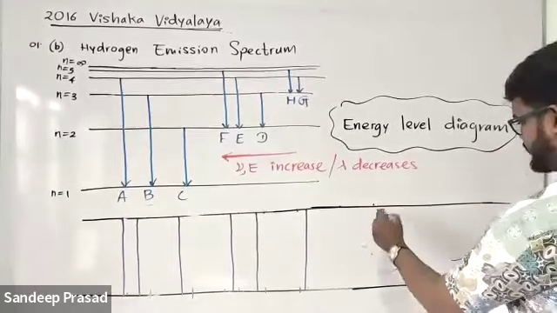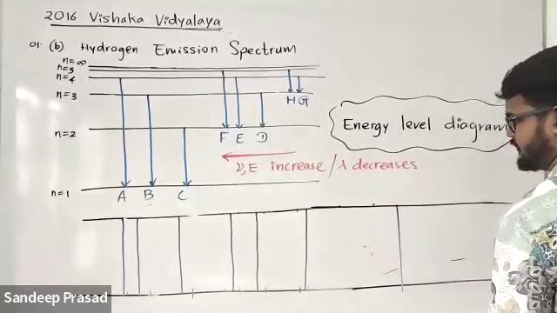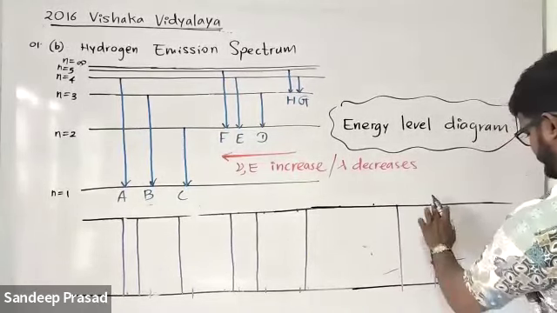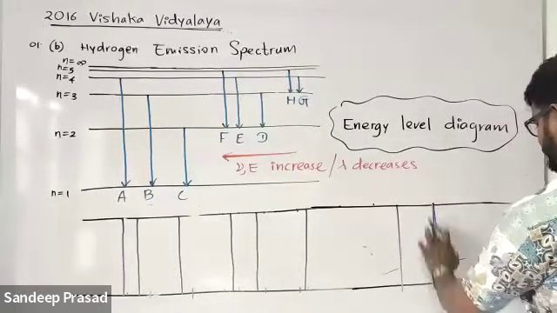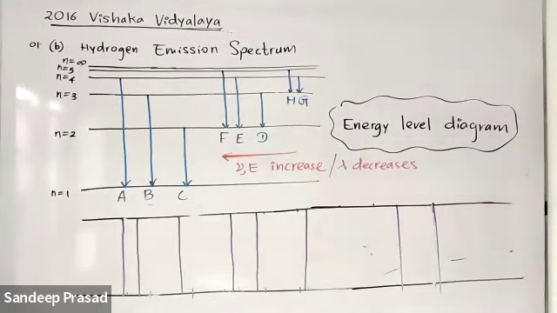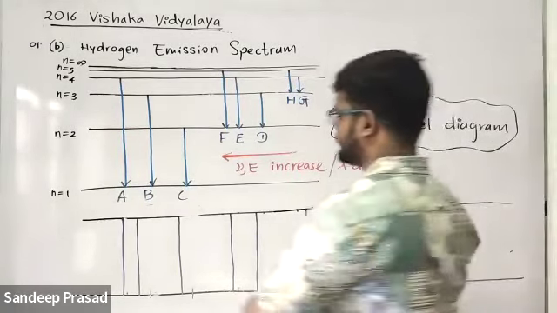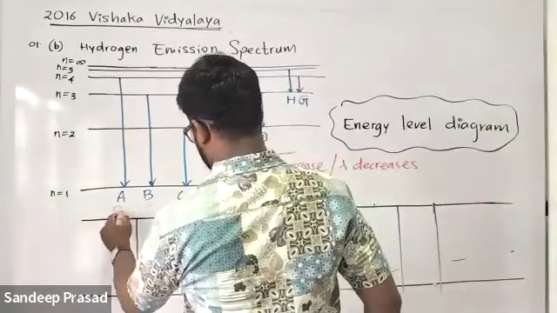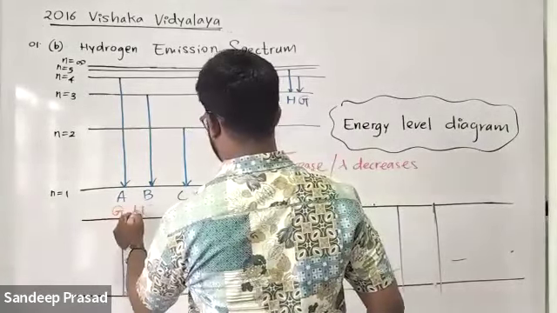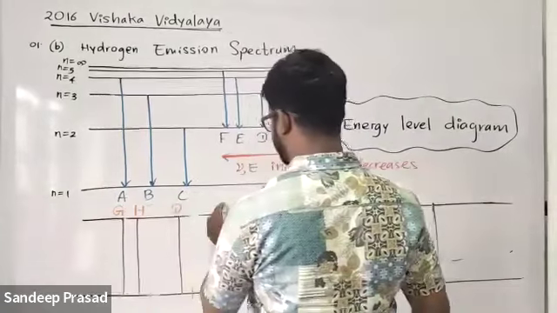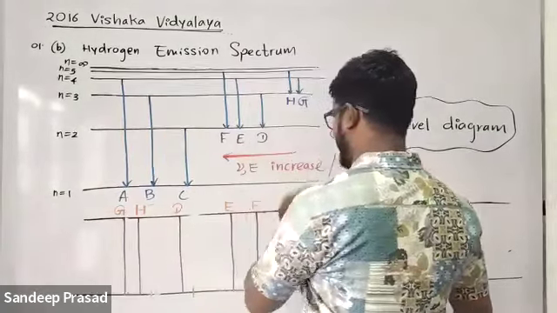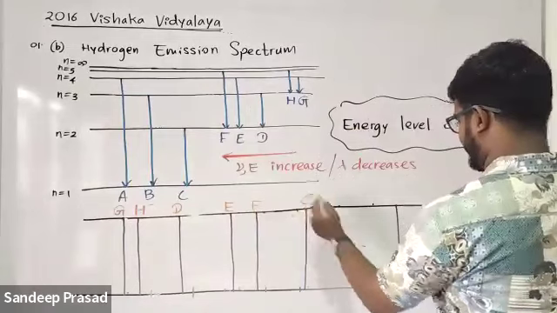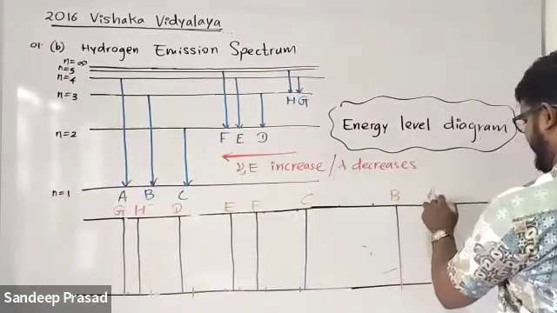C, B, A. In this way. G, H, D, E, F, C, B, A.